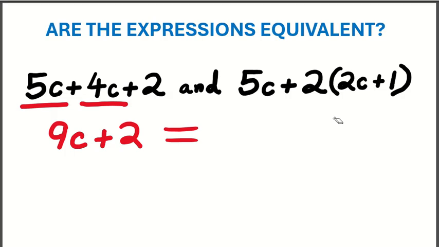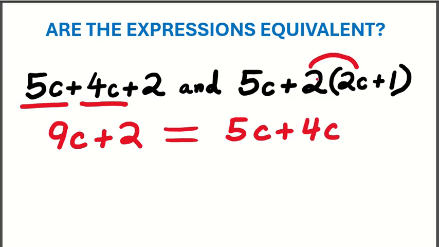I don't know. I see I can use the distributive property right here, so let's do that. First of all, I'm going to bring this down. So we got our 5c plus 2 times 2c is going to be 4c. And then bring down our plus sign. 2 times 1 is going to be 2.